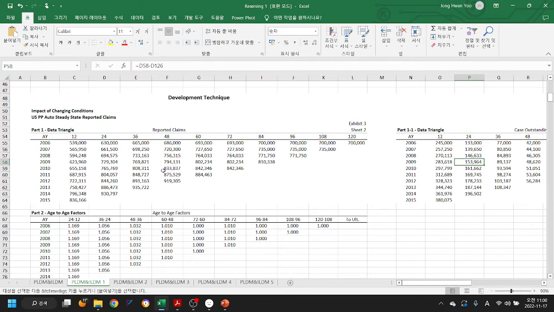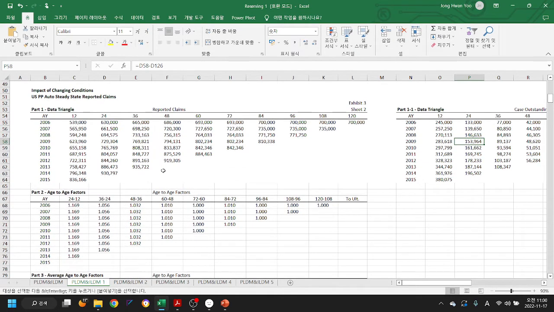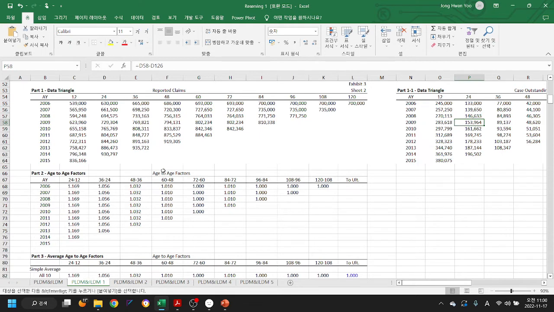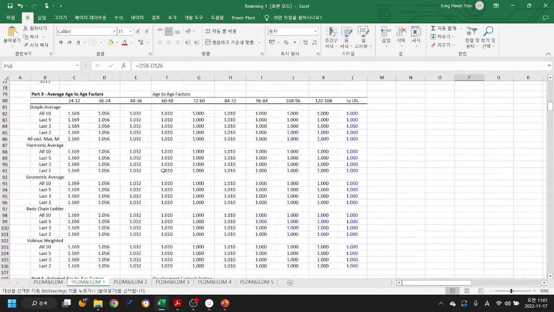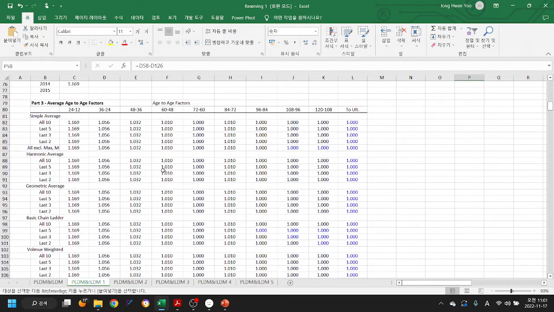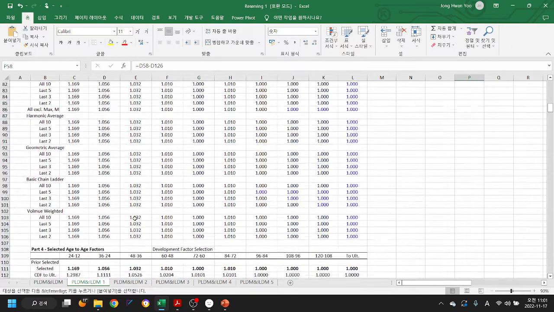And here I apply the PLDM and maybe reported, so RLDM, reported loss, not incurred loss. Some of the people are already aware of that.